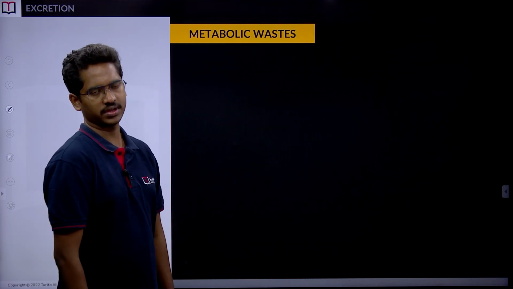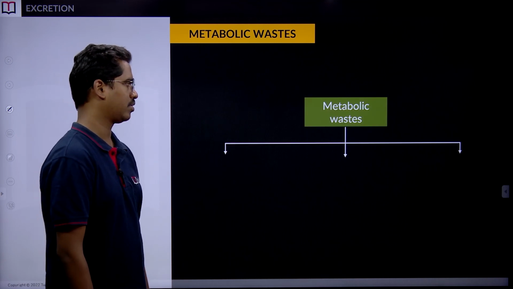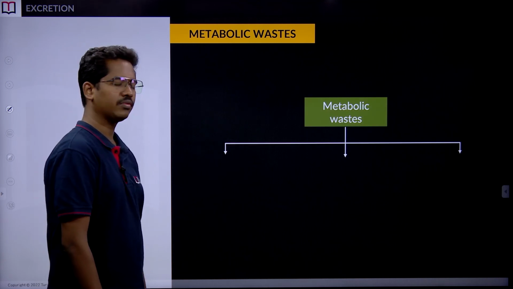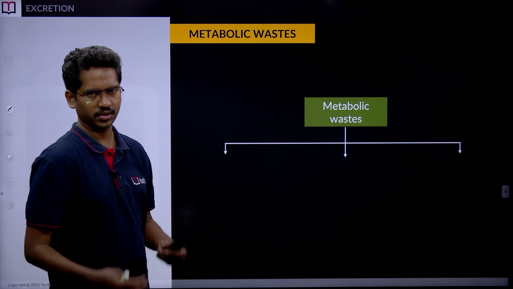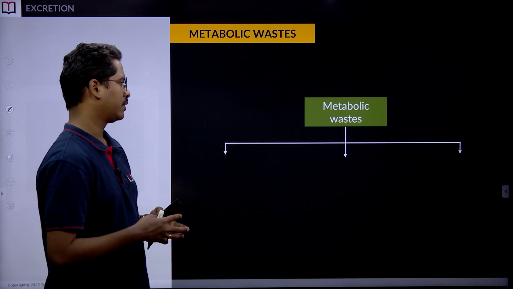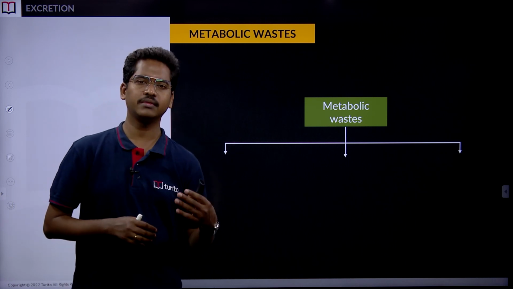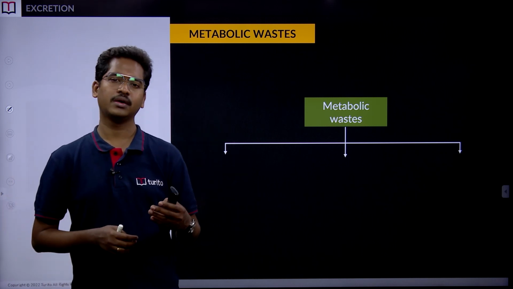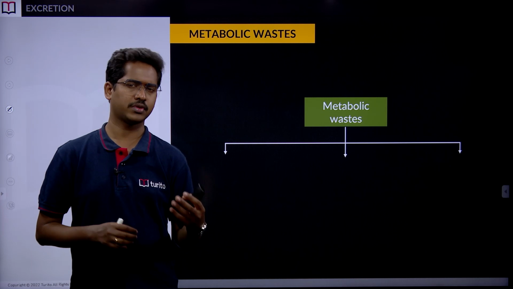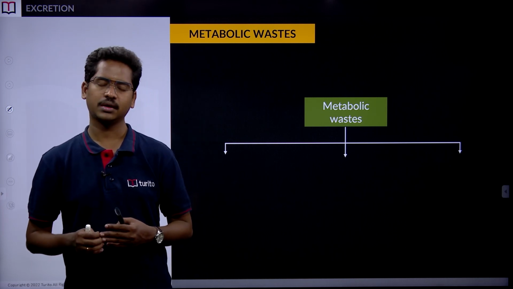Now, metabolic wastes. What is metabolic waste all about? It is all about the types of reactions happening in the body, and they lead to the formation of different products which are definitely needed for the body, right.